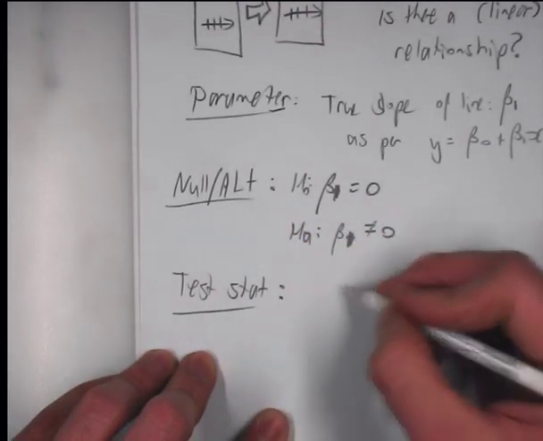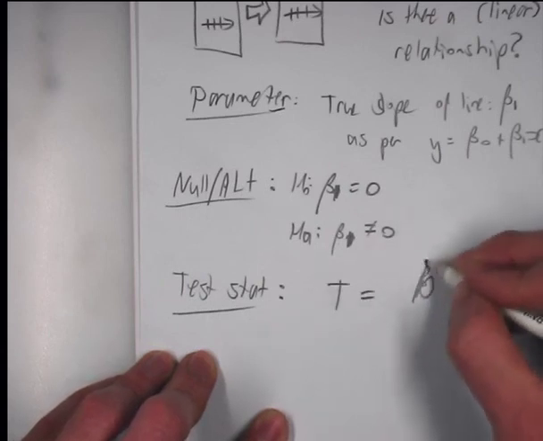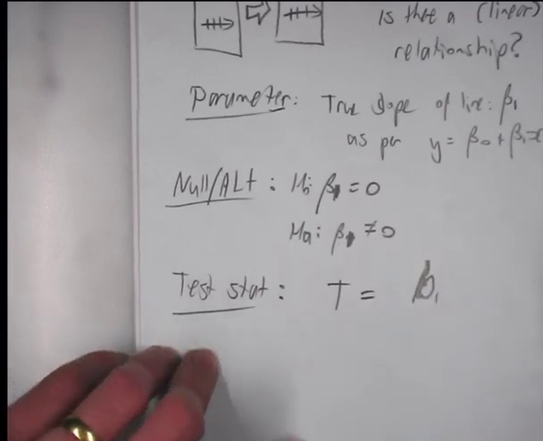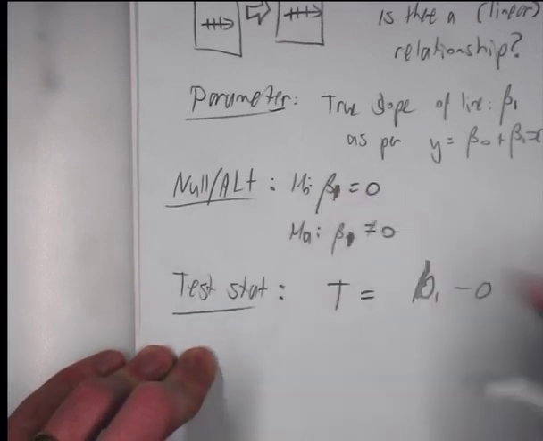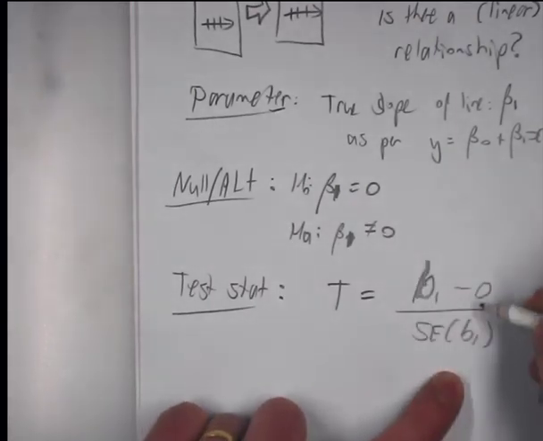The test statistic is a t, which is b1, the estimate from the regression, technically minus 0 because we're comparing it to this 0, divided by the standard error of b1. And you get both of these from the regression output.